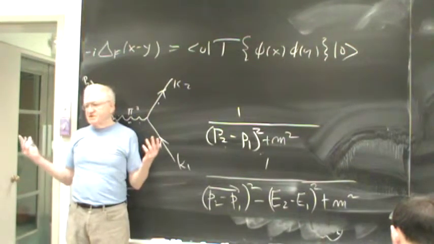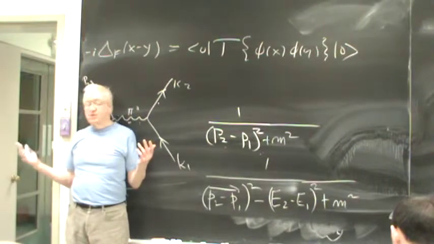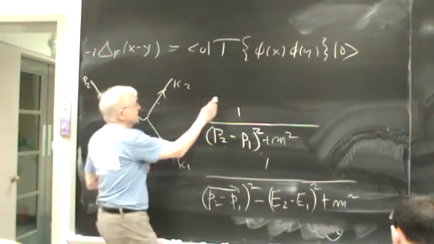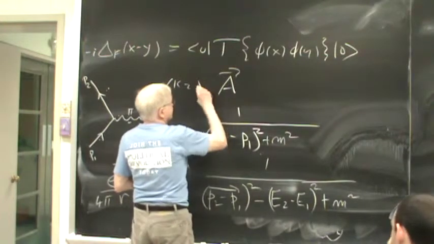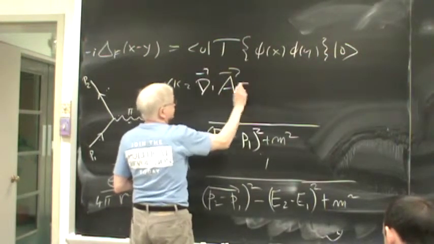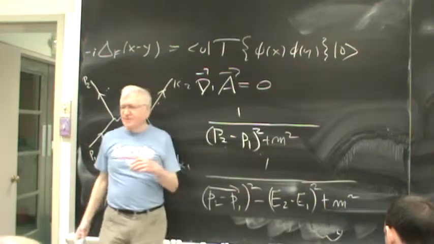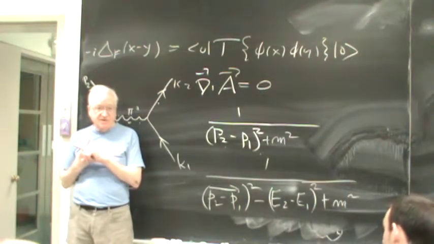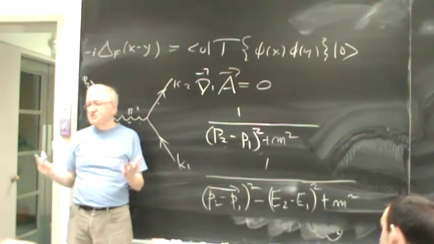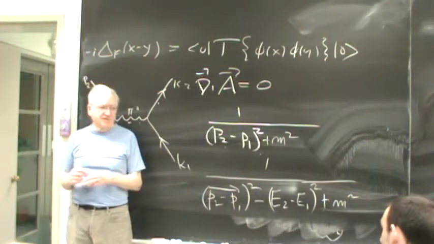Suppose you quantize electrodynamics in the Coulomb gauge. The Coulomb gauge is that you say the vector potential has no divergence. And this is the most physical gauge because then you get just transverse photons, which is the way we normally think about photons.